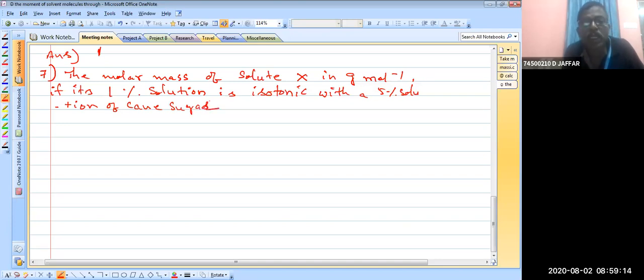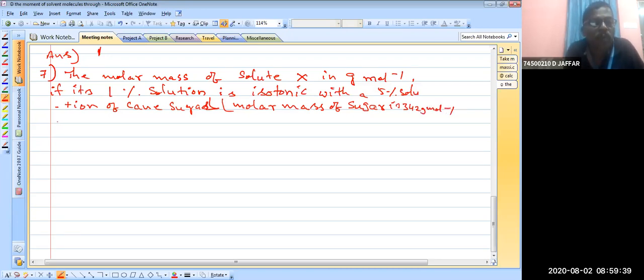Here within brackets, molar mass of sugar is 342 gram mole inverse, right?